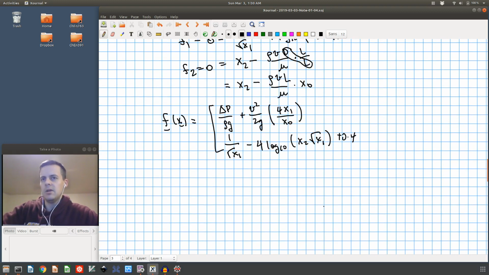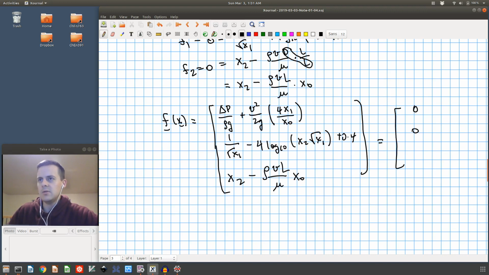And I'll write down here x2 minus rho v L over mu times x0. So there's f of x equals 0, 0, 0. I have three equations, three unknowns, x0, x1, x2. Everything here is in terms of knowns or my three unknowns. So that's how I would write my standard form.